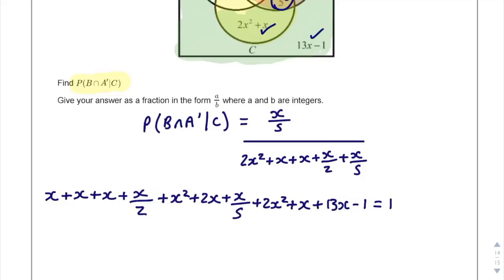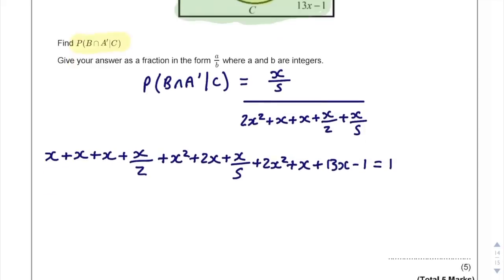So if I simplify this left-hand side, if I look at the x squared terms, I'm going to have 3x squared. Now I need to simplify all of the terms which have a coefficient of x. So I'm just going to type that into my calculator: 1 plus 1 plus 1 plus a half plus 2 plus a fifth plus 1 plus 13.